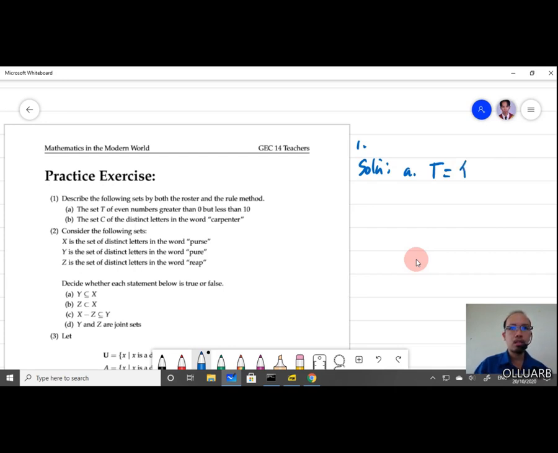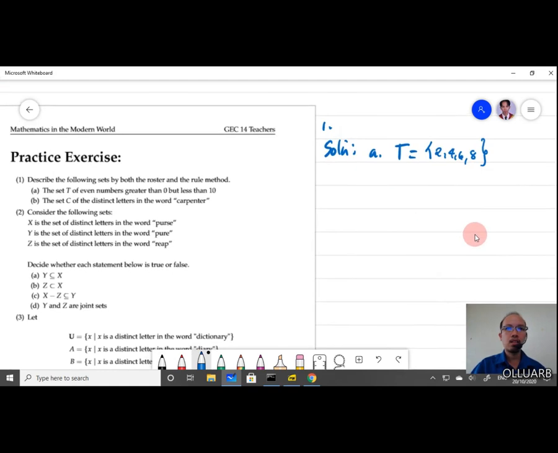So this is 2, 4, 6, 8 only, since as you can see here, it is greater than 0 but less than 10. Okay, so this is for the roster method.